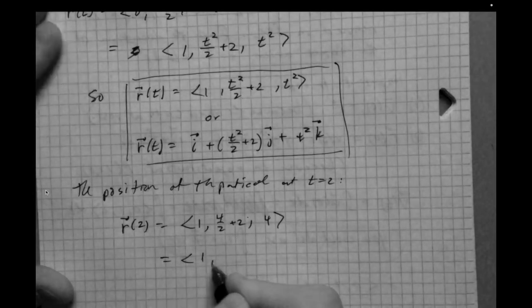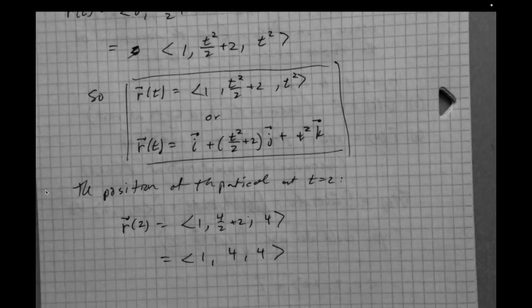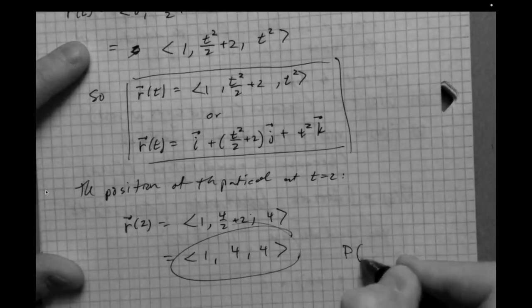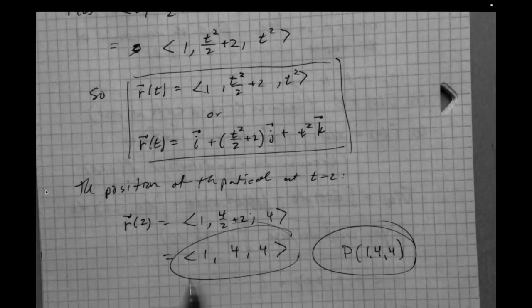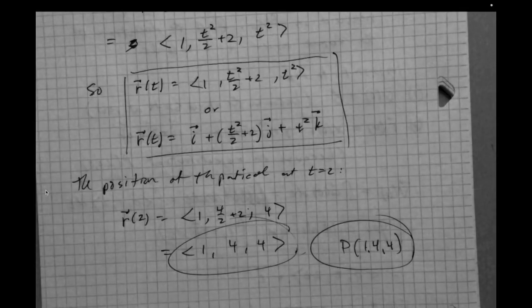So 1, and then 4, and then 4. Okay, so that's the location, and so specifically at the point 1, 4, 4 is where the particle is. This is the vector that describes its position, but that's where it's actually sitting.